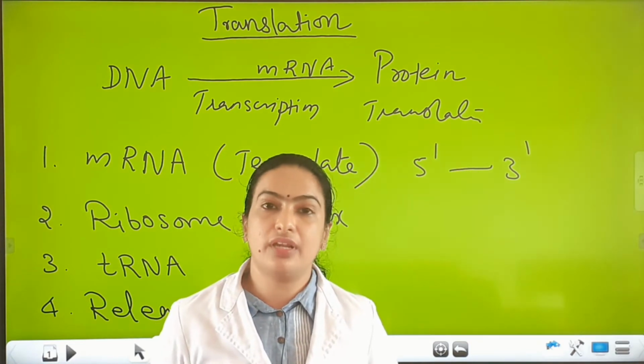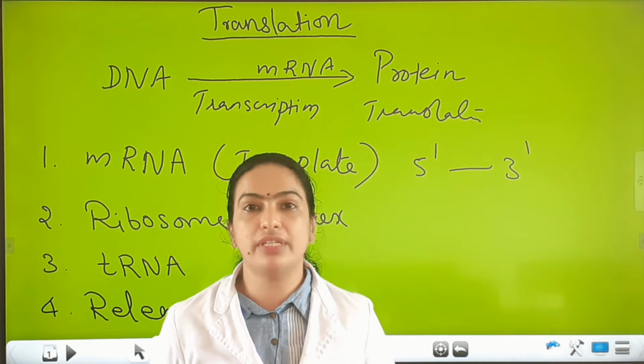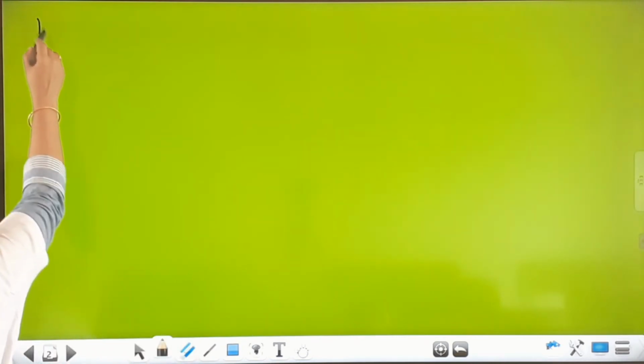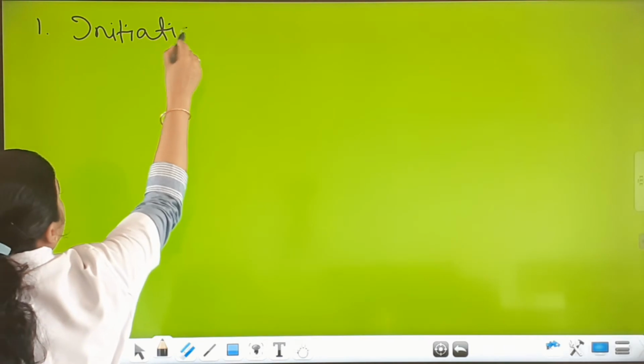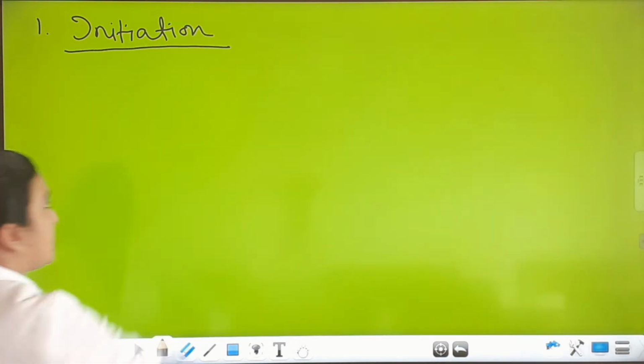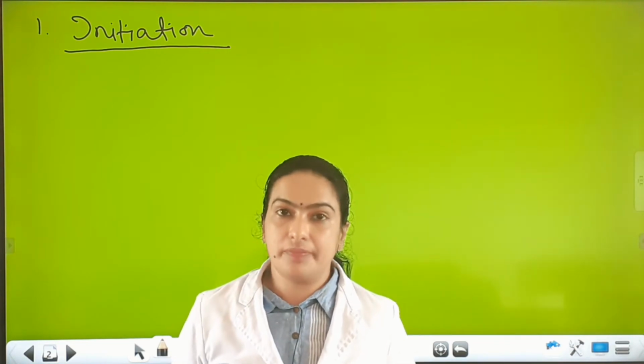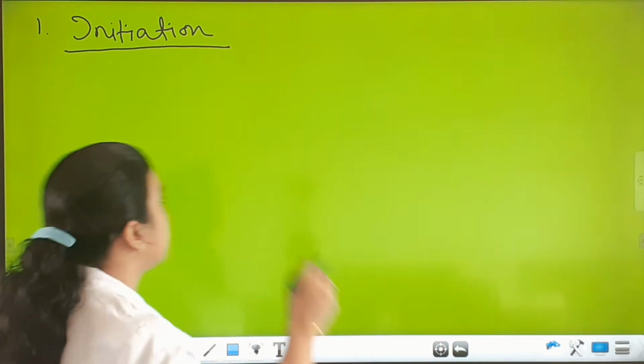Next we can see what are the steps involved in the biosynthesis of protein or translation. So the steps are, number one, initiation. So the first step is initiation. And in initiation there are some processes.